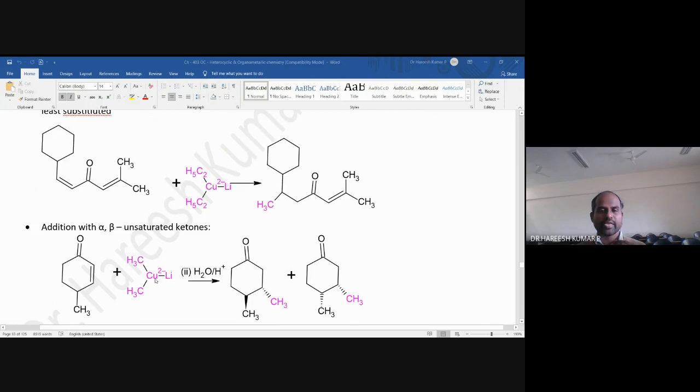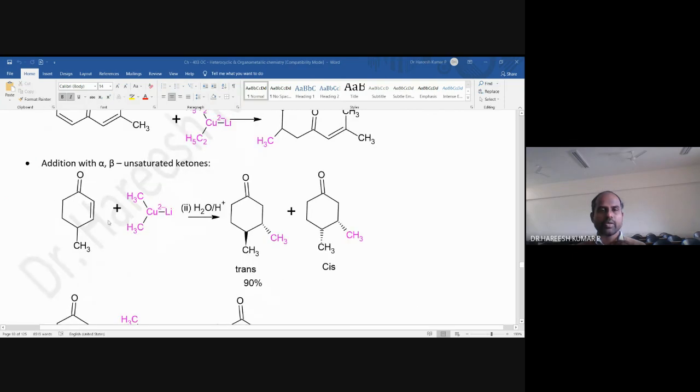Here I am taking one more example. This is the methyl one, attacking this carbon, not this carbon. I mentioned that usually organolithium and organomagnesium compounds attack the carbonyl carbon, whereas this carbon is attacked by organocopper compounds.